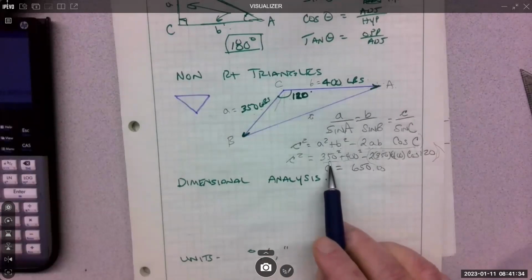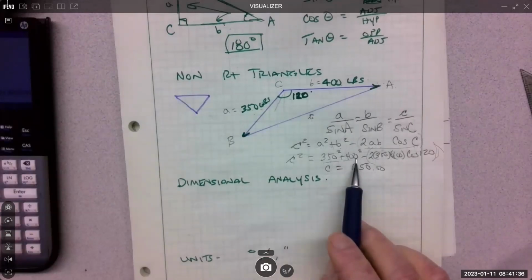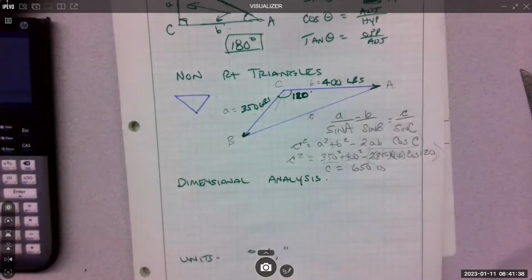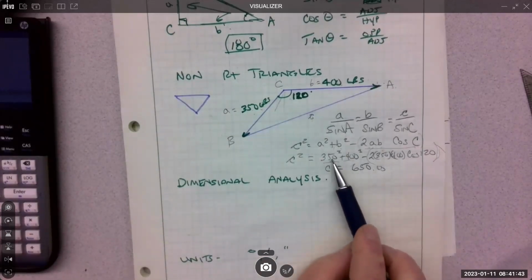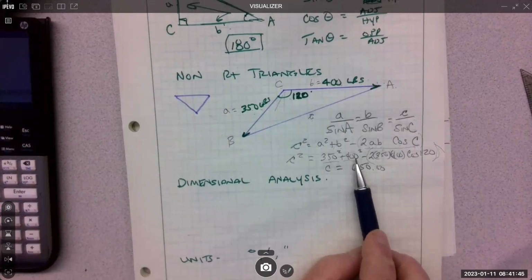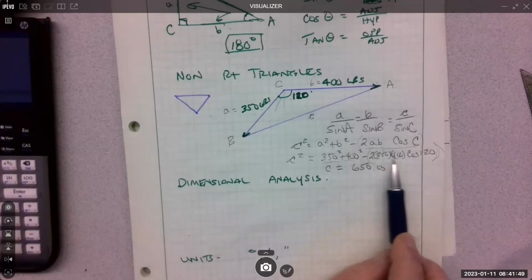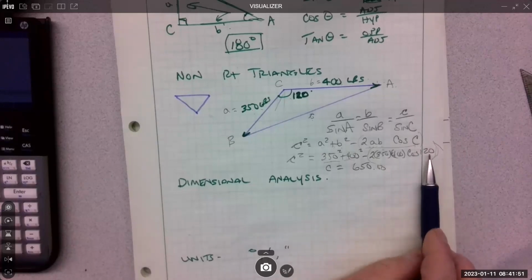Did you square them? 350 squared plus 400 squared, that should be the steps, right? Put that into brackets or however you do it. And then subtract this, but the cosine 120 is a negative number. So it ends up adding it.